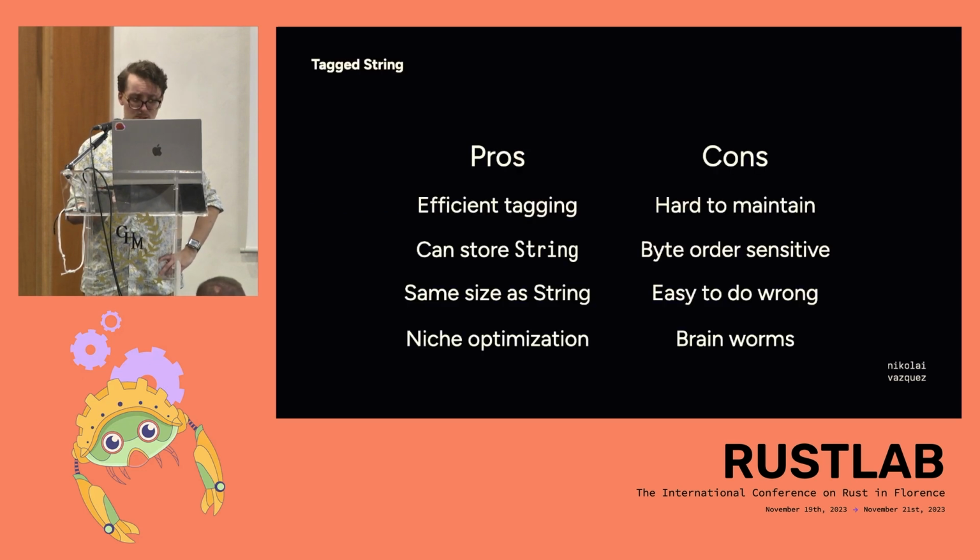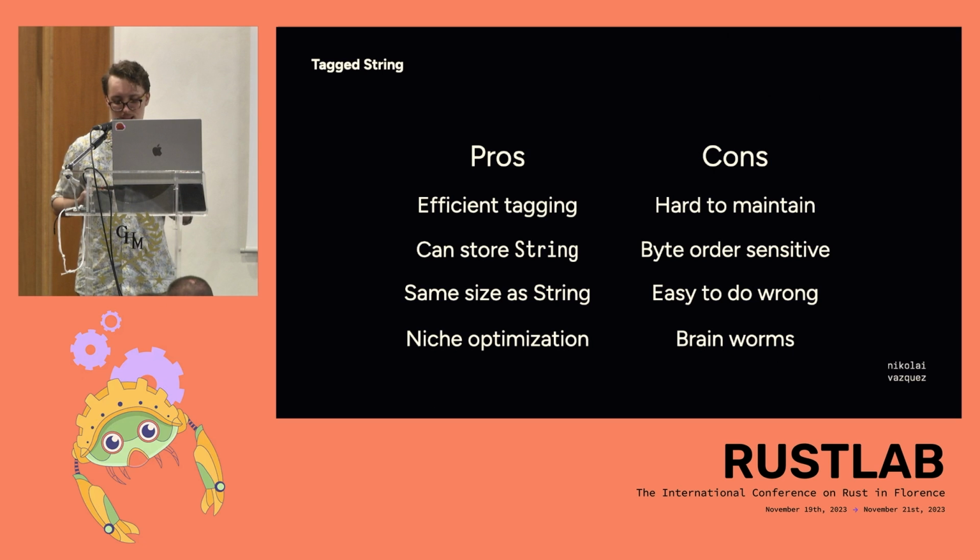Whereas the tagged version, we're able to, in the same exact space as string, store inline storage. And not only that, I didn't get to demonstrate it here, but we could actually change, in this case, it wouldn't be changing the pointer to non-null. Instead, it would be having a niche of the max U8 for the length byte.